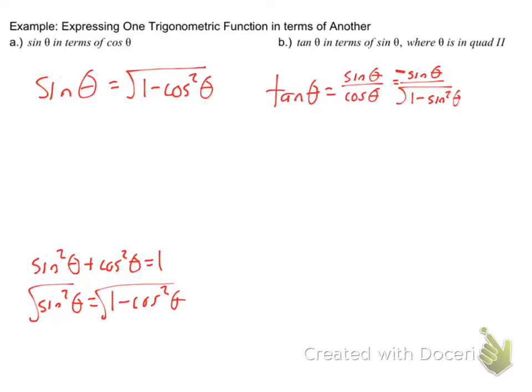The square root is fine on the bottom for this. I'll be okay with that. No, because tangent itself will come out as negative because you're in second quadrant. It's not there until you put the angle in or evaluate it.